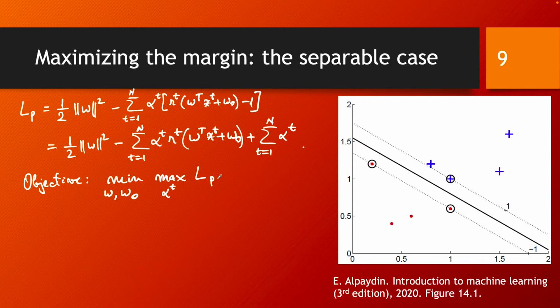For any point that breaks the constraint, the alpha can be arbitrarily large, and that's going to lead to a large value of the Lagrangian, which will thus be avoided in the minimization problem. So all in all, the goal for alpha is going to be to maximize, and obviously the objective for W and W0 is going to be just like before, to solve the minimization problem with respect to them.